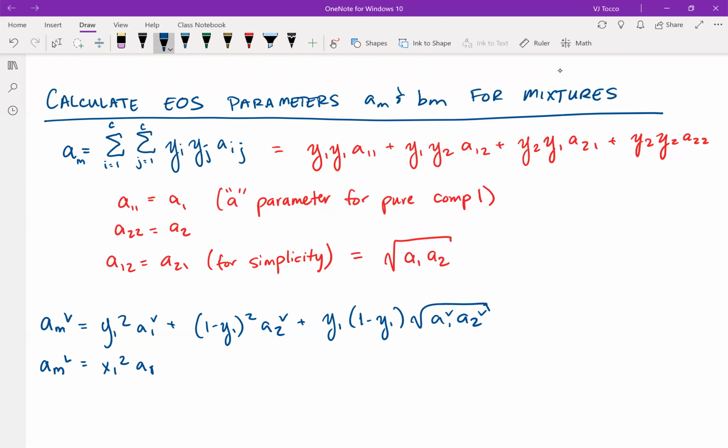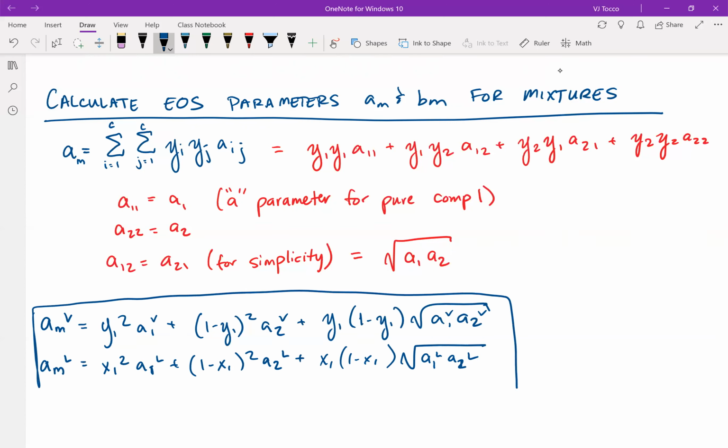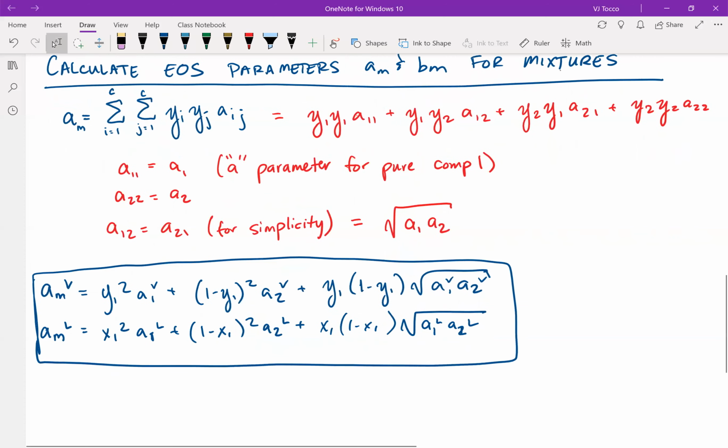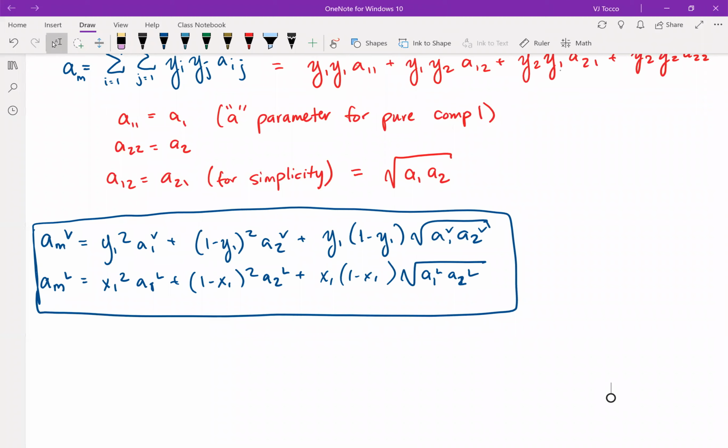A1 liquid plus 1 minus x1 squared, A2 of the liquid, plus x1 times 1 minus x1 times the square root of A1 liquid, A2 liquid. Oh, wow. This is just to get the coefficients. So you can see how much work this is going to be and how much calculation it's going to be. Although with a computer, it's not so bad.